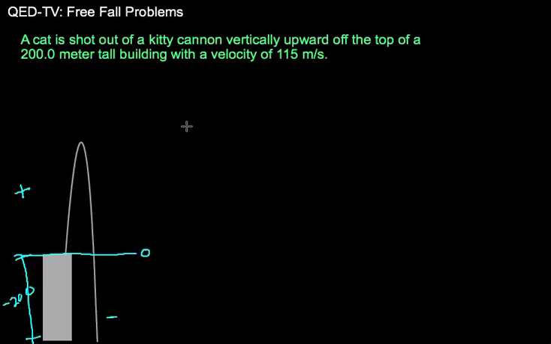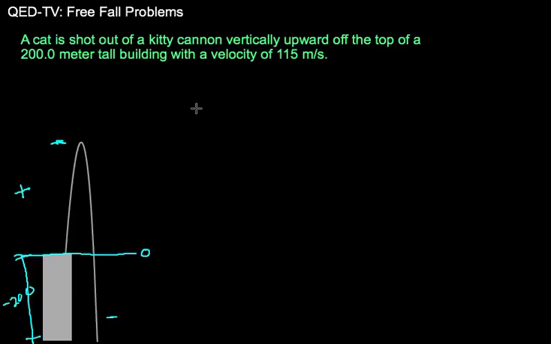Okay, so the first problem that we're going to look at is: to what height does this cat make it? How far up from the top of the building is this location? Therefore we need one of our 3 equations that has d in it, and there are only 2 of those. You'll notice that in this problem we don't have time, so we want to use the distance equation that does not have time in it.